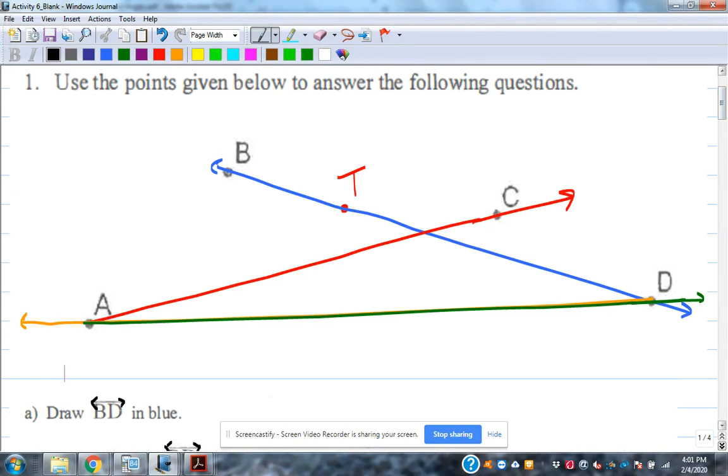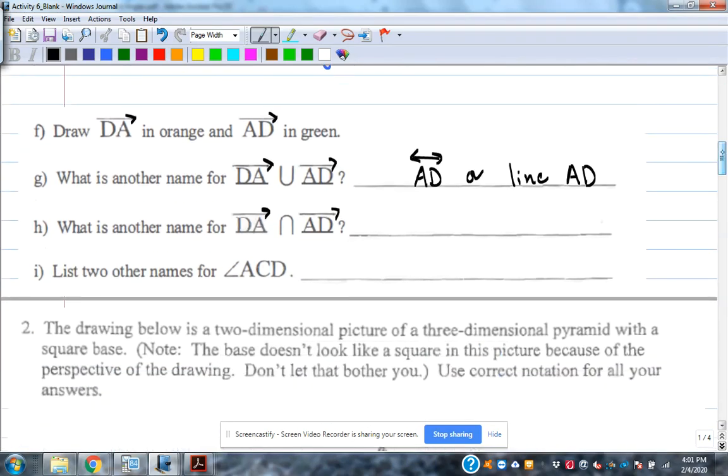So where is that picture in ray AD and also ray DA? It's in between there, and you called it a what, Chris? A segment. So the segment from A to D. So segment AD or segment DA, it doesn't matter there.